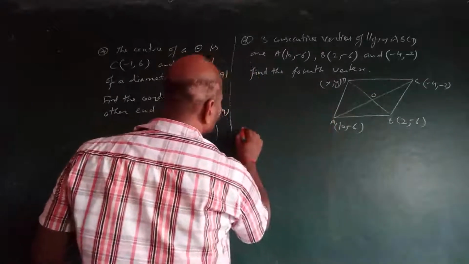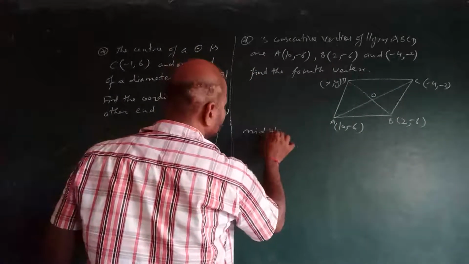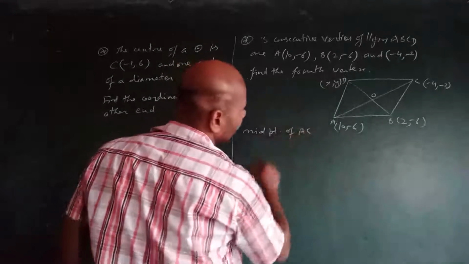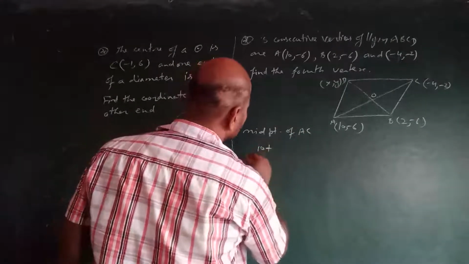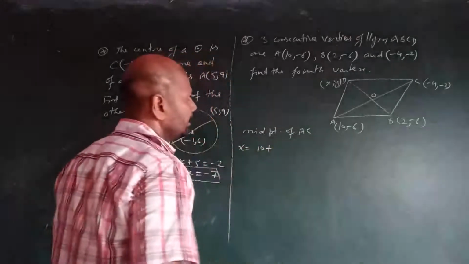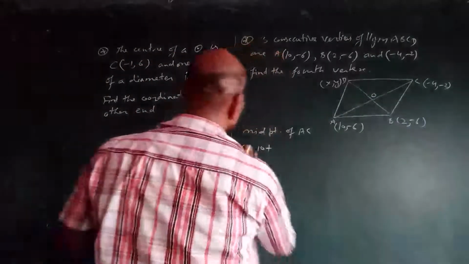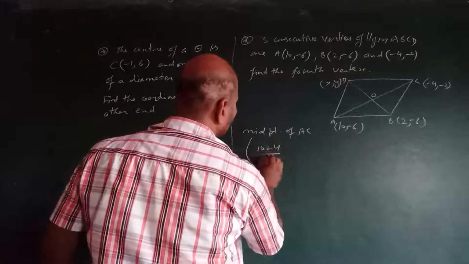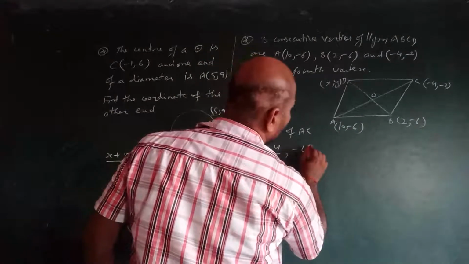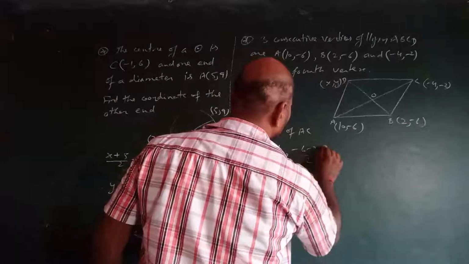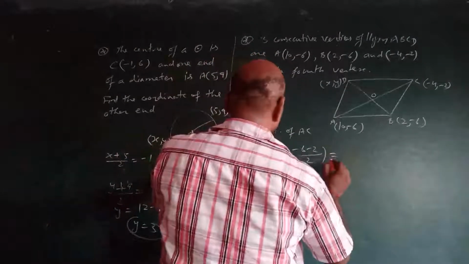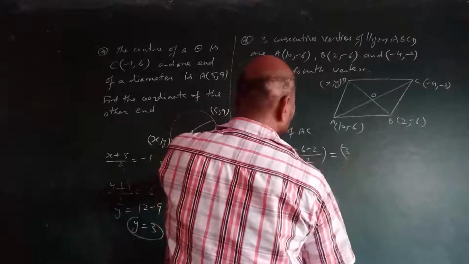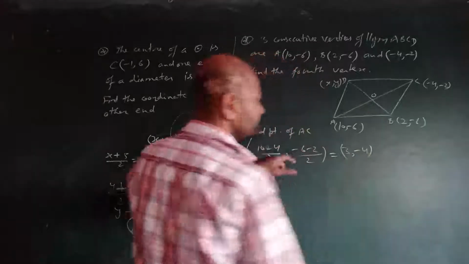From AC we will find the midpoint: x is 10 minus 4 upon 2, and y is minus 6 minus 2 upon 2. It will be 6 upon 2, which is 3, and 8 minus 4.